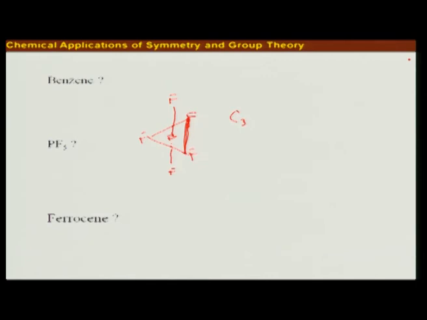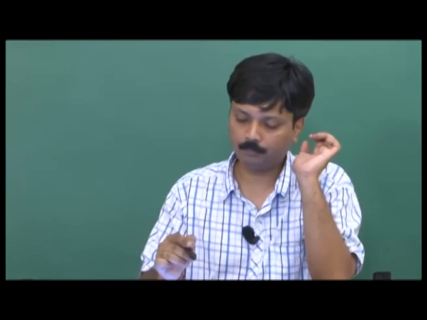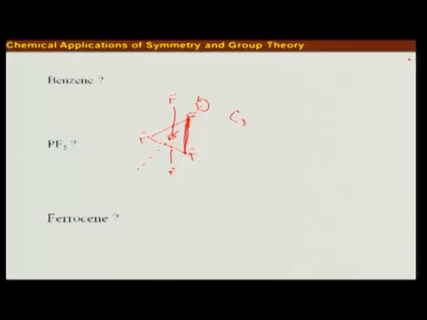I can see one C2 here, because these 3 F's in the equatorial plane will form as if an equilateral triangle. So you start from one tip of the equilateral triangle and go till the mid of the base, you get an axis which is nothing but a C2, right? So this is one C2 prime because it is perpendicular to the principal axis of symmetry.